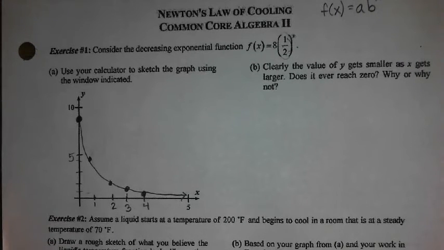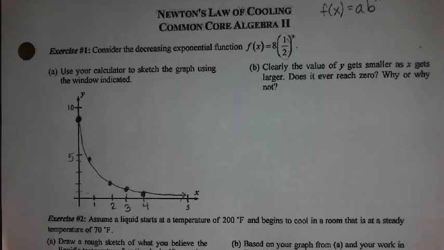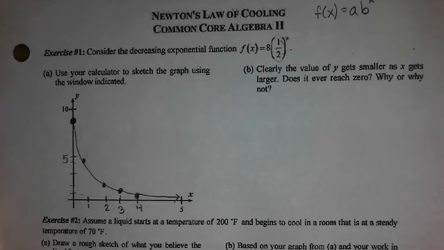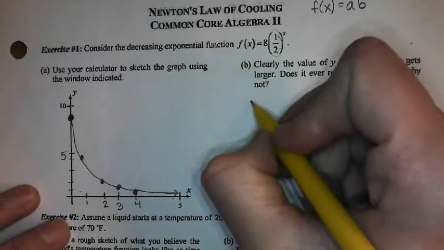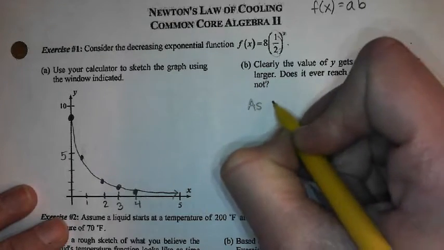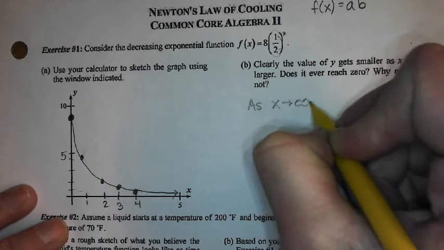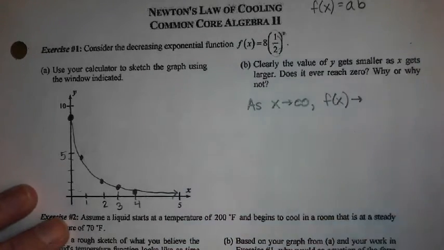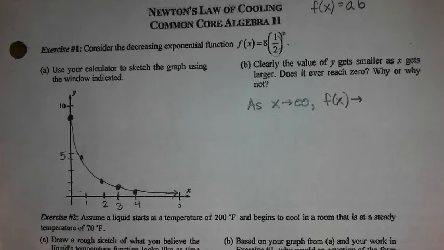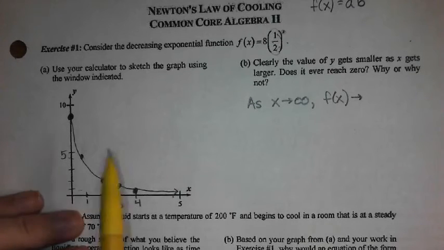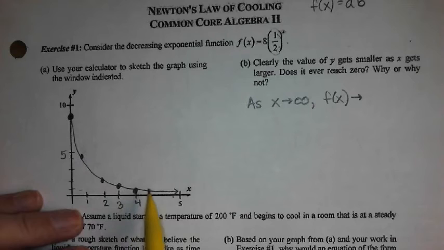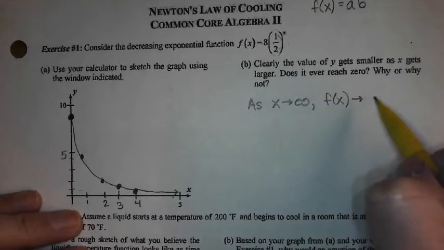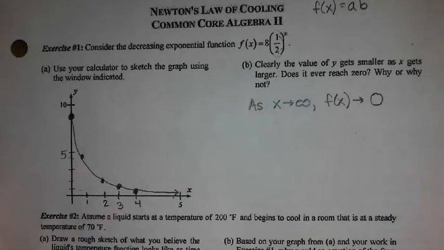Clearly the value of y is getting smaller as x gets larger. Does it ever reach 0? No, right? We talked about this already. Let's write this down just to practice this notation. As x approaches infinity, what does f of x approach? Or in other words, what are the y values approaching? As our x's are getting bigger and bigger and we move to the right, the y coordinates are approaching 0, but they will never touch it.